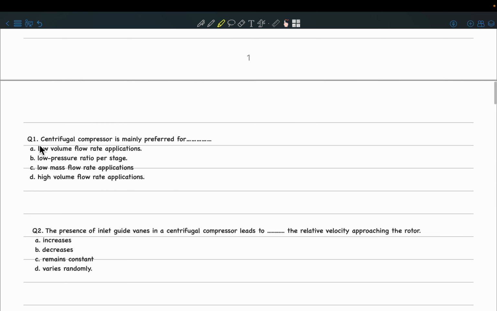Low volume flow rate, yeah. But okay, we also get very low pressure from a centrifugal compressor or very high pressure. So if I compare the pressure ratio for a centrifugal compressor and an axial compressor, which one has higher pressure ratio for one stage?